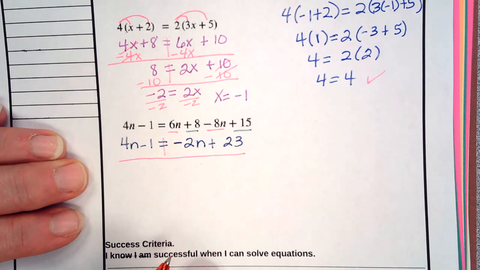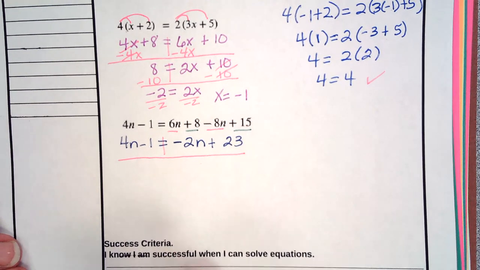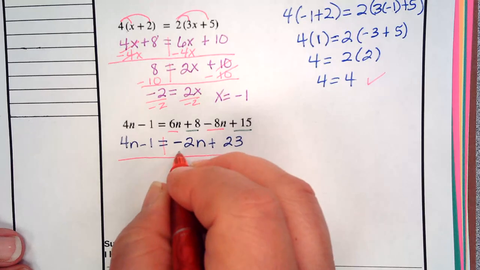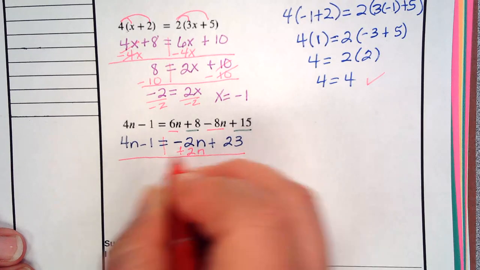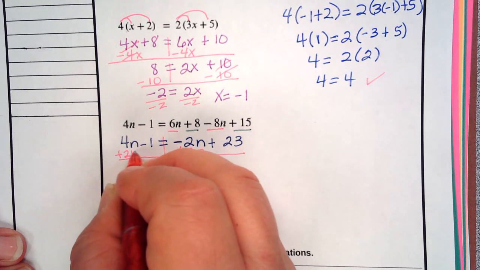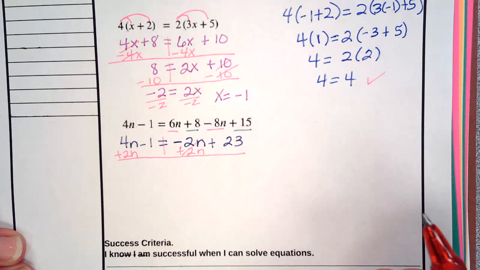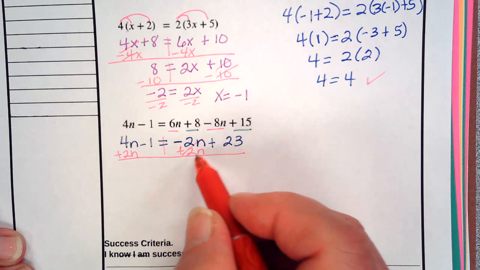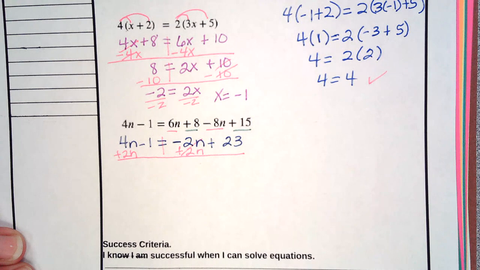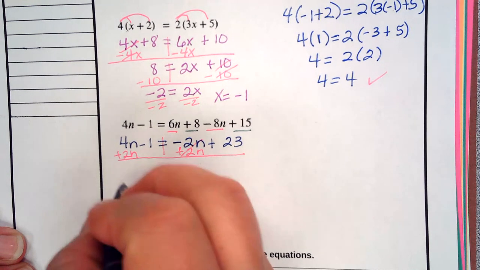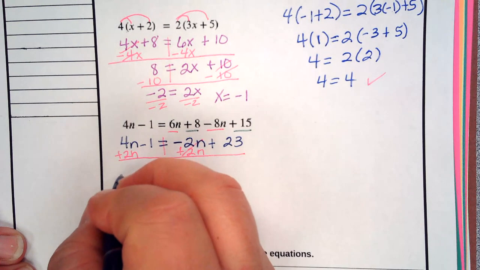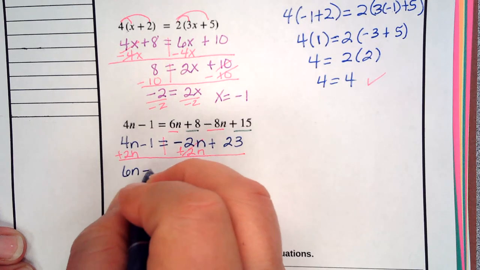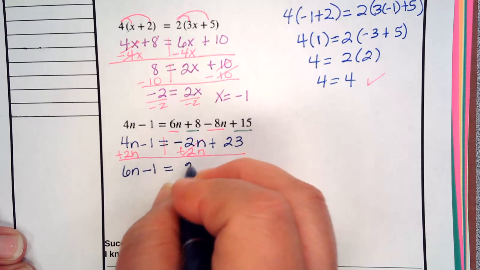Which is smaller, 4n or -2n? Well, -2n is smaller, so I'll add 2n to both sides. Make sure you always keep those columns straight. I've eliminated it on this side. 4n plus 2n is 6n. Minus 1 is equal to 23.